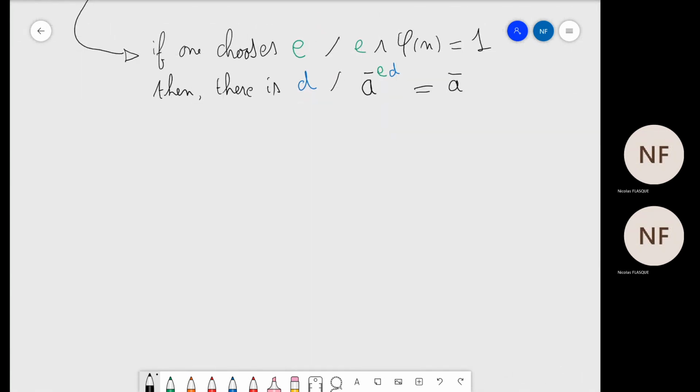So we start from the theorem itself. That is, on one end, a bar to the power of k times phi of n plus 1 is equal to a bar. And the starting point for the proof is that e and phi of n are coprime, that is, the GCD is equal to 1.